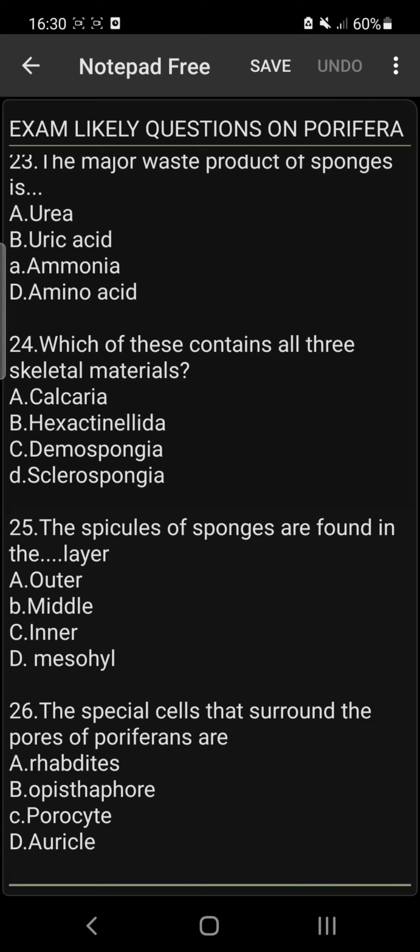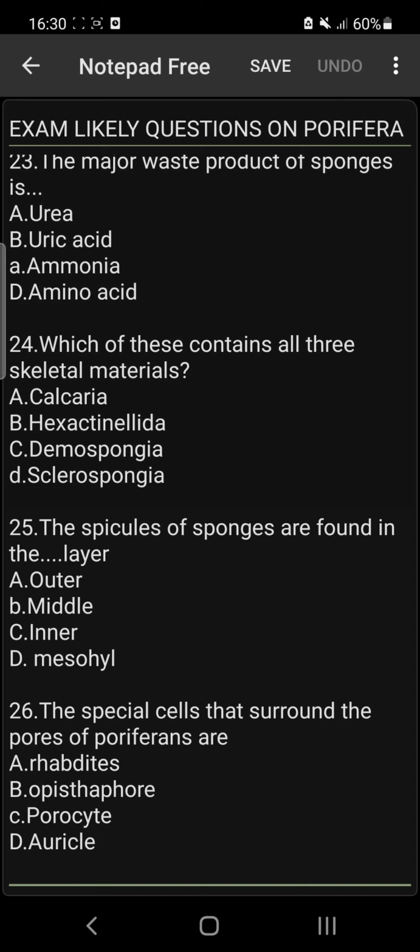Number 24. Which of these contains all three skeletal materials? Whenever you see this kind of question, use S squared as well. Skeleton begins with what? S. Then sclerospongia begins with what? S. So sclerospongia contains all the three skeletal materials.